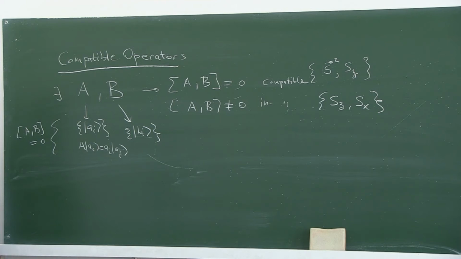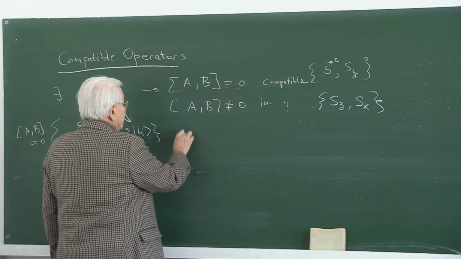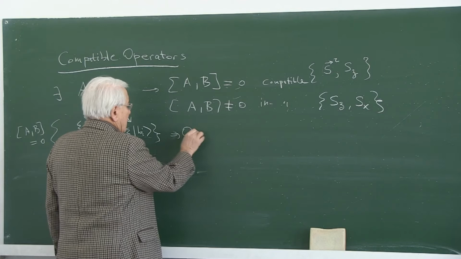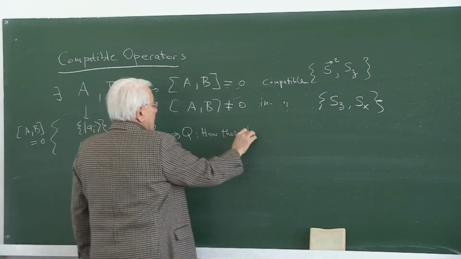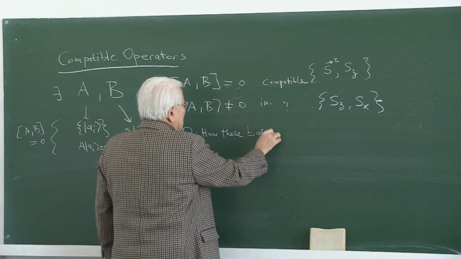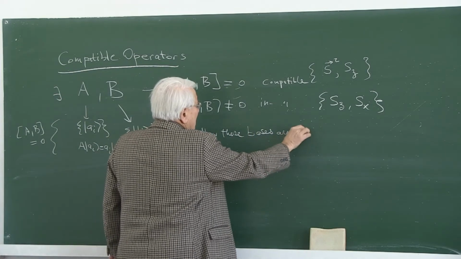How are these two eigenvector sets related in this case of compatible operators? How are these two bases related?